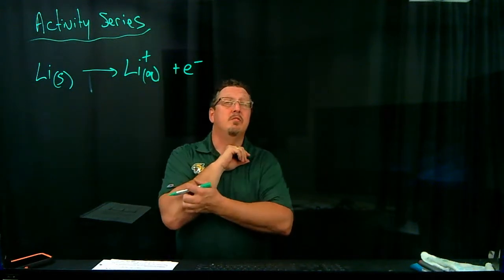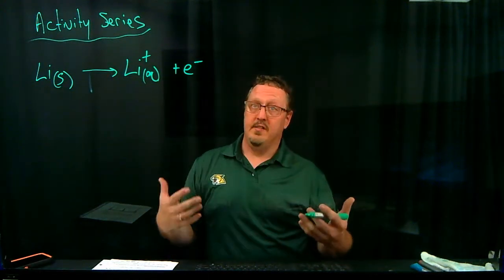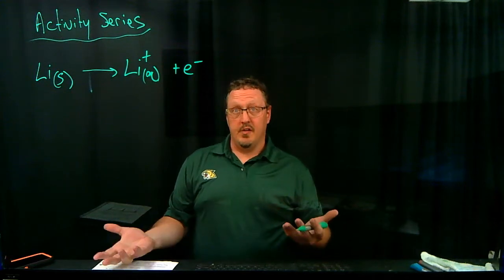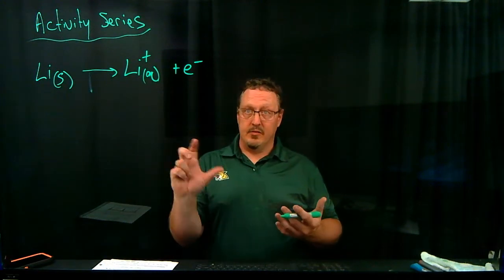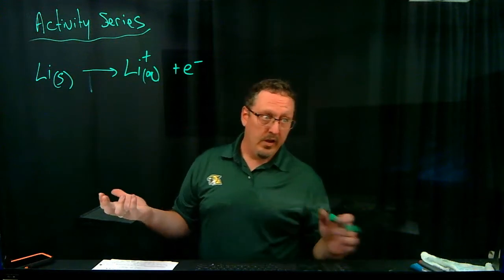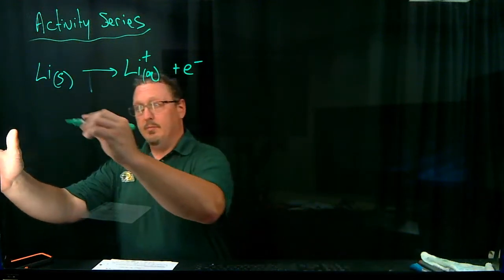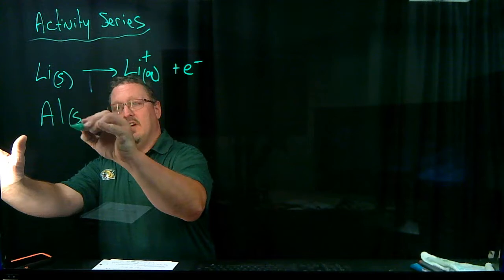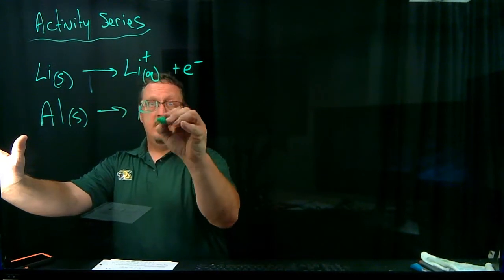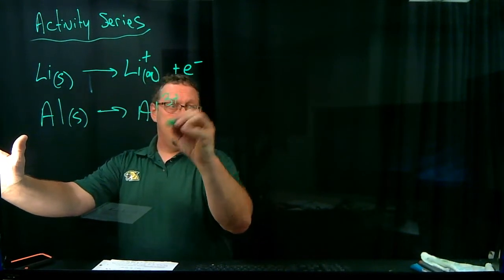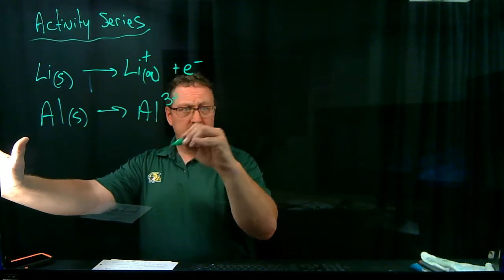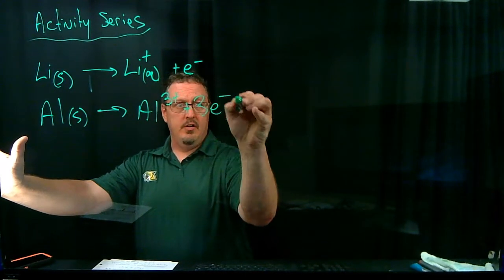Now, that number of electrons that gets transferred is the same thing as its main group charge that you see off your periodic table, because that's the number of electrons in its outer valence shell. Okay, aluminum. So aluminum as a solid is going to go to Al with a 3 plus charge, and it's going to give up 3 electrons.